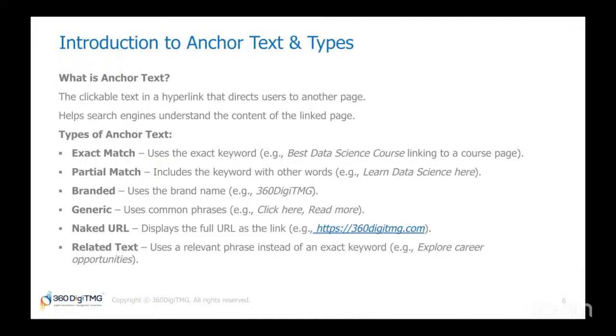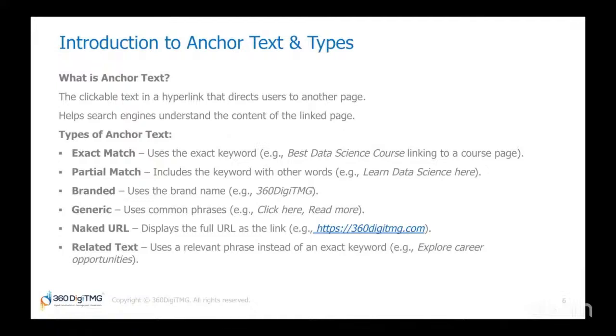And also branded. When it comes to branded, it uses the brand name. Example: 360DigiTMG is a brand keyword, right? That's a branded text. And also generic, which uses common phrases. Example: click here, read more, view more, learn more. These are all generic anchor text. And there are two more anchor types.